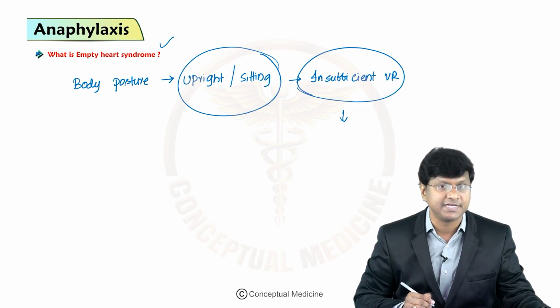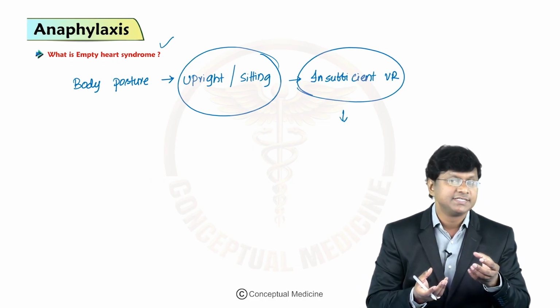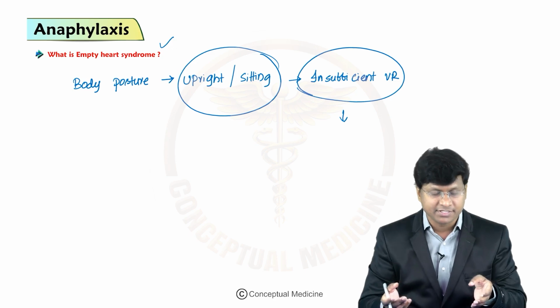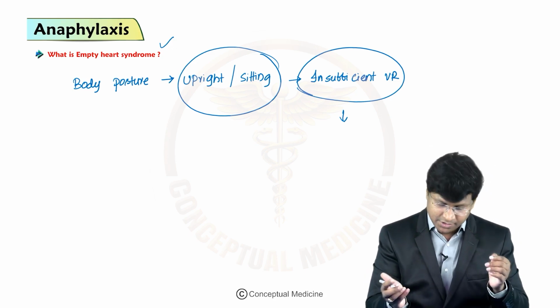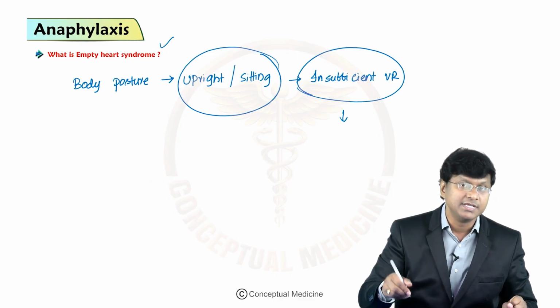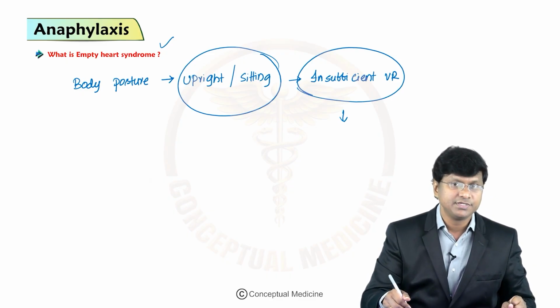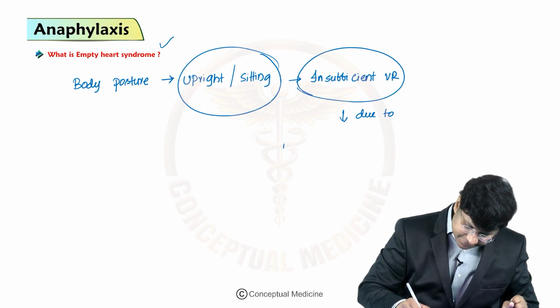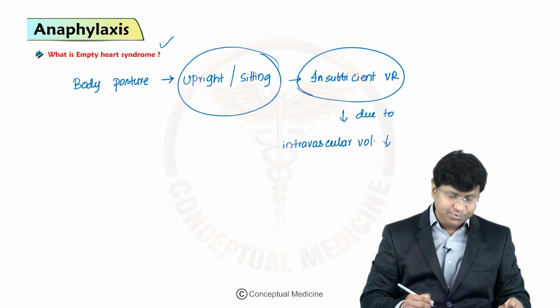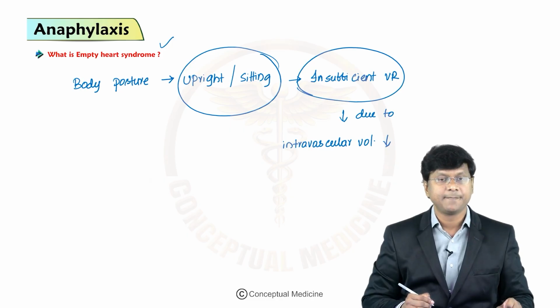Because in patients with anaphylactic reaction, there is increase in vascular permeability, so the fluid from the intravascular compartment goes to the extravascular compartment. So the insufficient venous return is due to intravascular volume depletion.